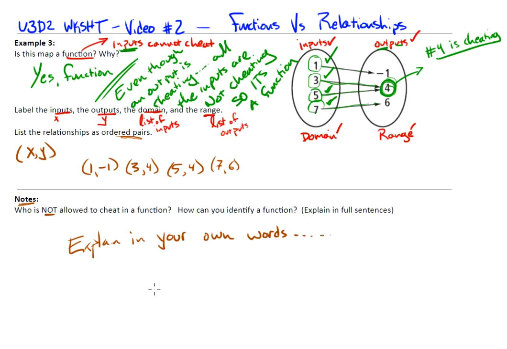While you're thinking about your answer there, I think I shall draw you a cat.